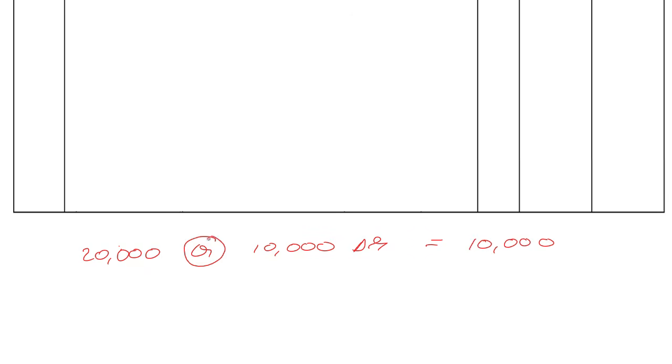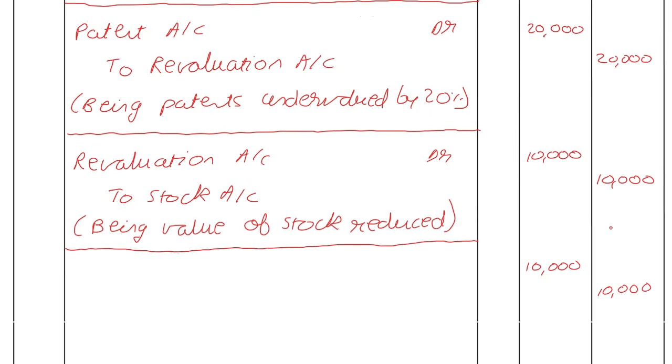But which side is higher? Credit. So the revaluation account currently has a credit balance. To make it zero, I have to debit. So the revaluation account will be debited by 10,000.